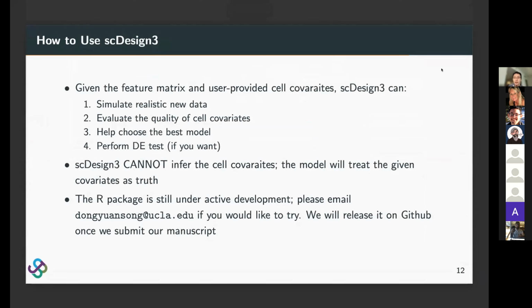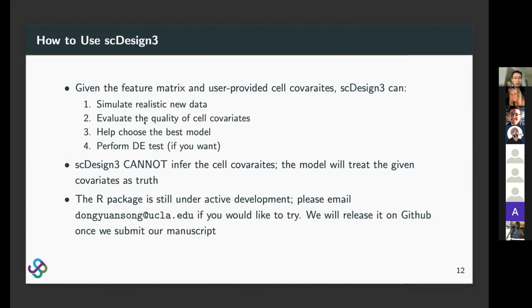So here we come to the conclusion of the SCGen3 framework. Given the feature matrix and the user-provided cell queries, SCGen3 can simulate realistic new data, which is what we did for SCGen2, but extended to more complicated data types.